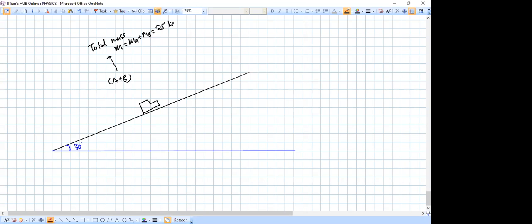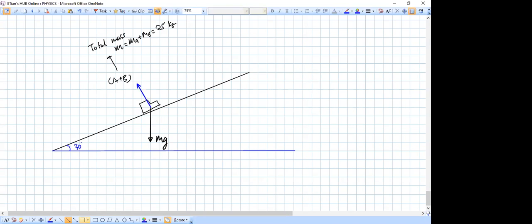Okay, so 25 kg is the total mass. Now the weight will be the vector which is pointing downwards, the combined weight. Then there will be some combined normal reaction because of the surface on both of them. That will act along this perpendicular direction.